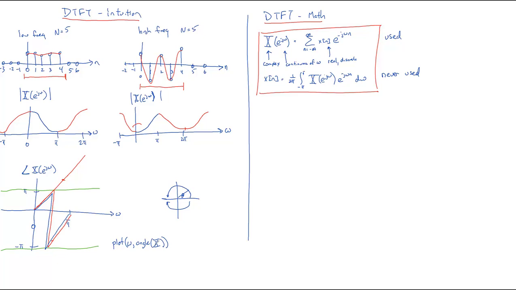But instead of computing this, which will give you the blue waveform, which will be limited to negative pi to pi, there's a new command called unwrap angle X.